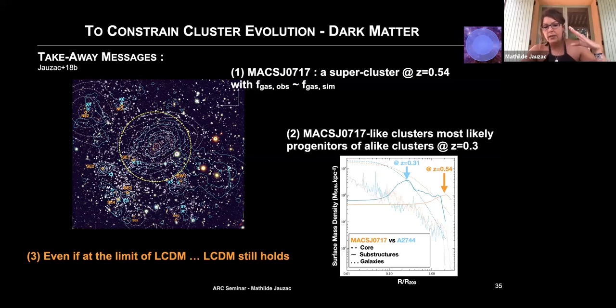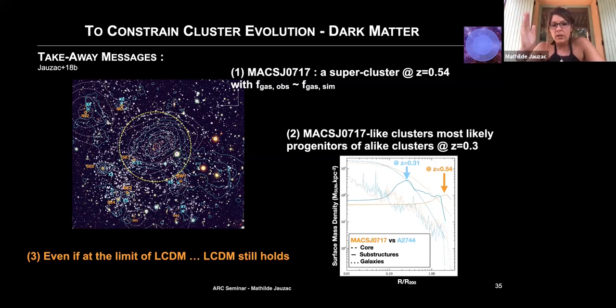You can see the density profile of the core in dash, the galaxy component in a dotted line, and the substructures in a plain line. What we observe in terms of the peak of substructure corresponds to what is observed in the simulation.